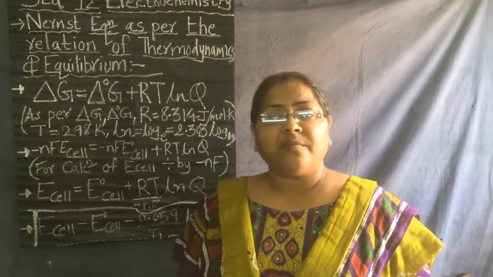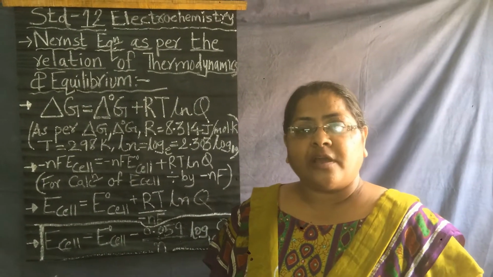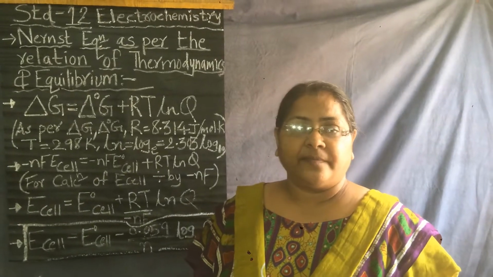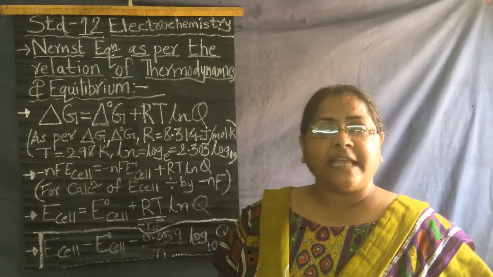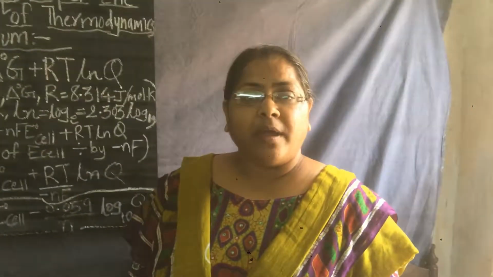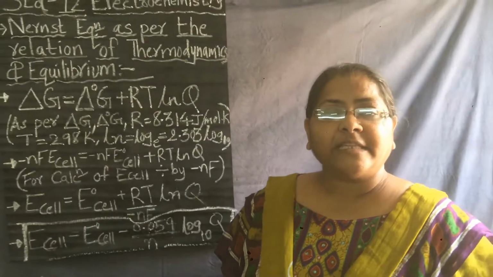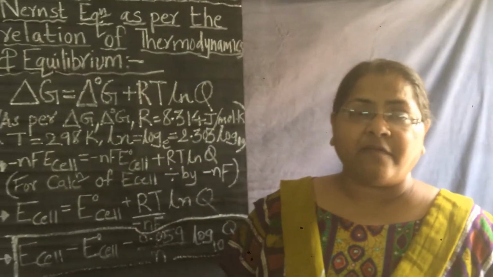As per thermodynamics, when work is done by the system, energy is used up and it gets reduced. So as per the equilibrium, when work is done in a system or in a cell, the potential is developed.